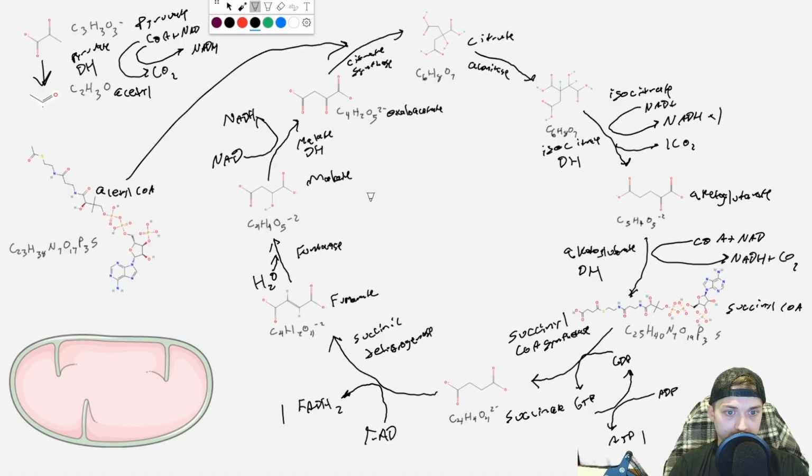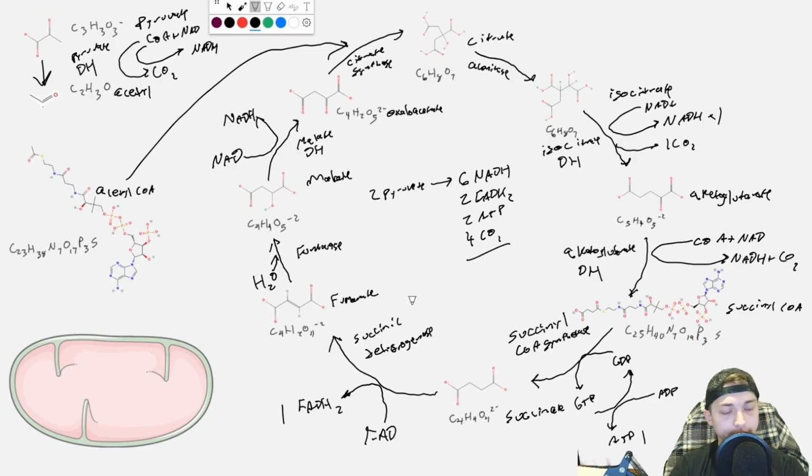So we have our 2 pyruvate entering the Krebs cycle, and in payoff, in total, after this goes around twice, we're going to get 6 NADH, 2 FADH2, 2 adenosine triphosphate, and 4 carbon dioxides.